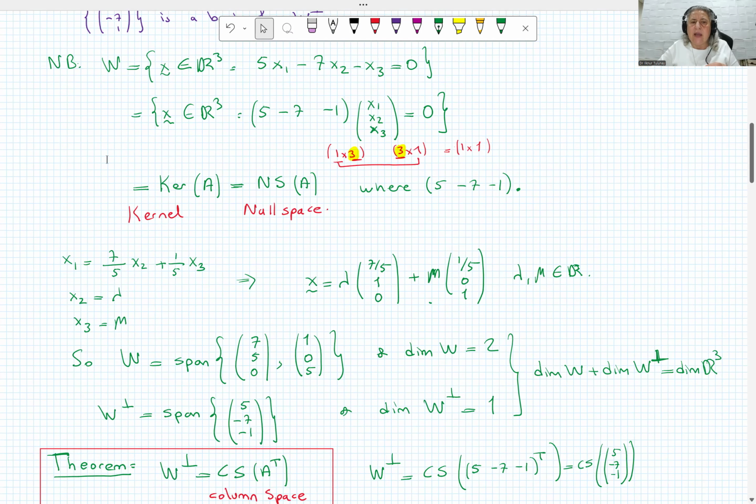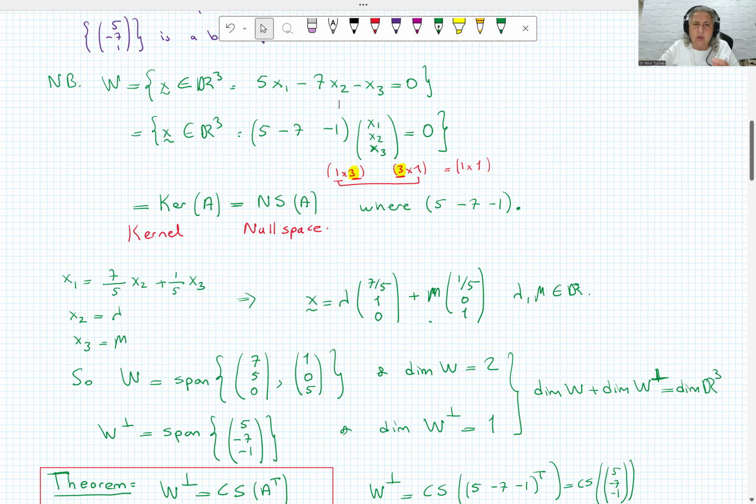So we can find the basis of the kernel space. I'm looking at this equation, taking x1 alone, multiplying by 1 over 5 everywhere, and keeping x1 alone.